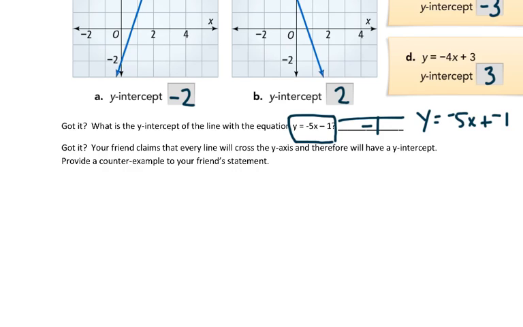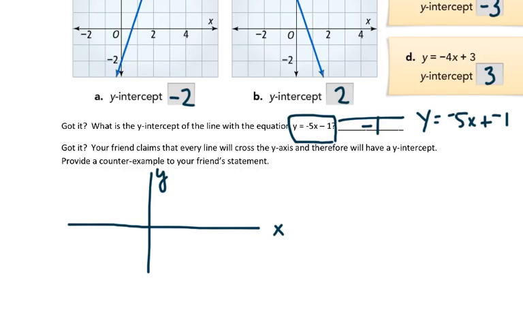So I am telling you that this statement, every line will cross the y-axis and therefore has a y-intercept, is false, but you have to give me an example that shows it's false. So if I draw a set of axes, you have to come up with a line on that set of axes that will never cross the y-axis.